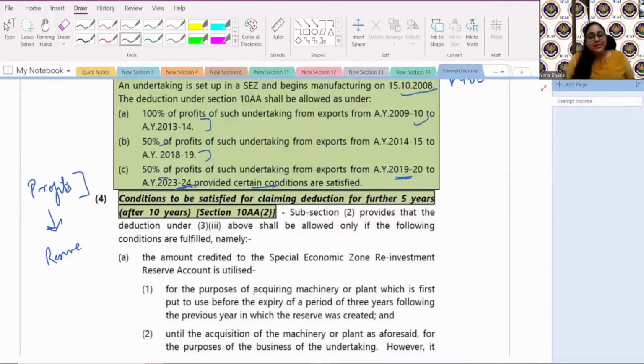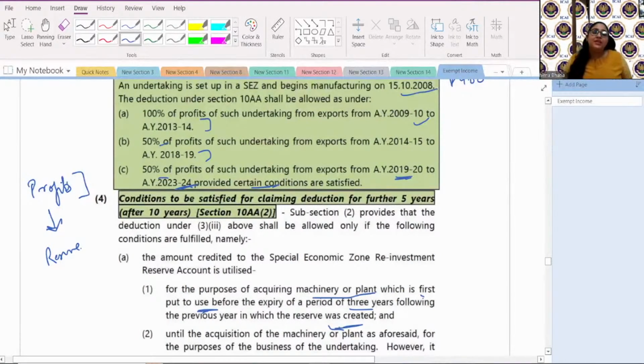You have to reinvest it within 3 years from creating the reserve, by acquiring any plant or machinery which is first put to use. First put to use means it should not be a second-hand one. It should be first put to use within 3 years from creating the reserve, because the government does not want the unit to be shut after taking the tax holiday.